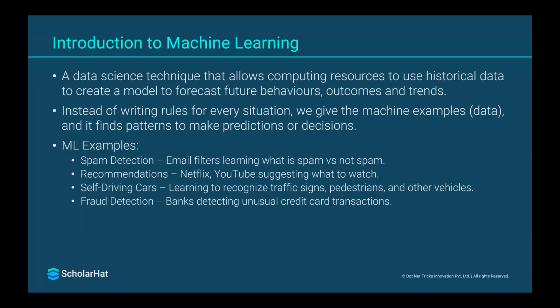We have various machine learning examples. Let's say we have spam detection. Even you have seen today, if you're using Gmail or Yahoo, they automatically detect whether it's a spam email or an actual email. They have used machine learning behind this. Based upon machine learning, your Gmail detects whether it's spam or not spam.